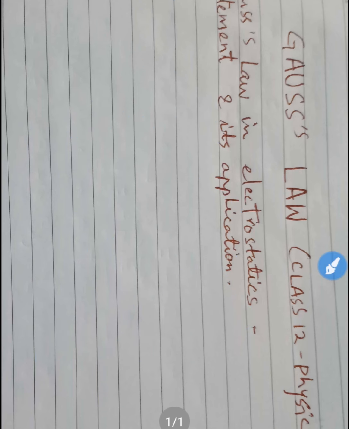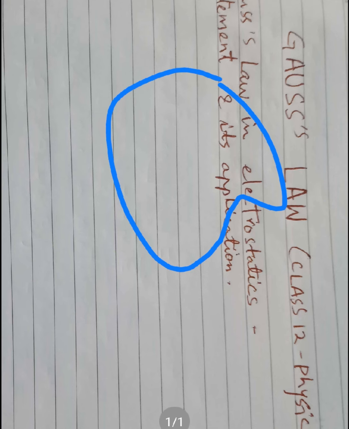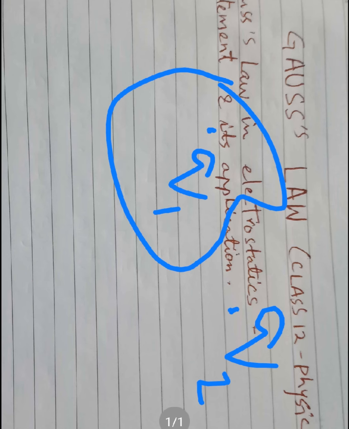Now we take an example of this Gauss law. Suppose here is a Gaussian surface and the charge inside is Q1. Outside this surface the charge is Q2. So what is the flux that passes through this surface?